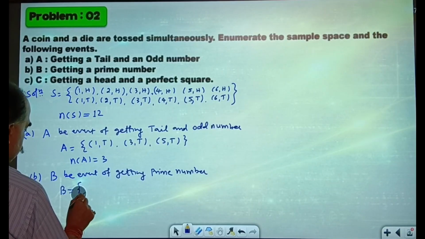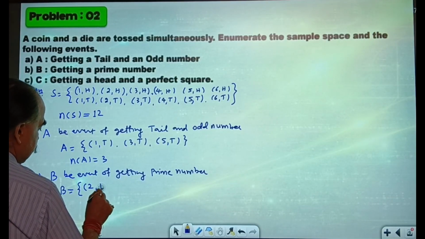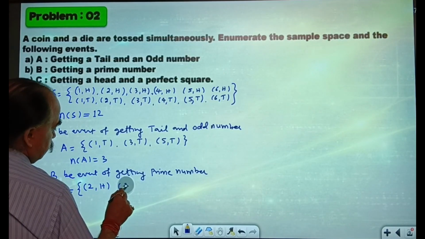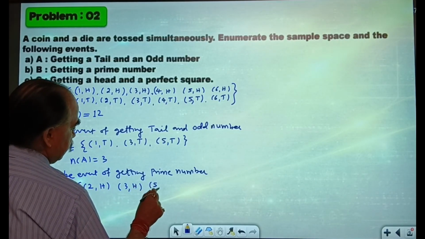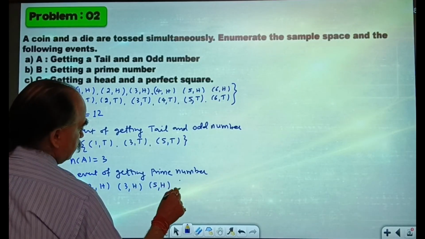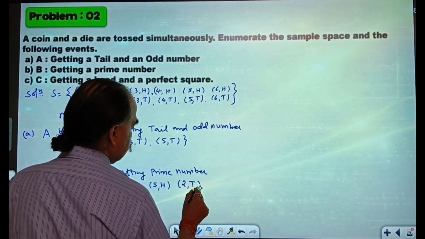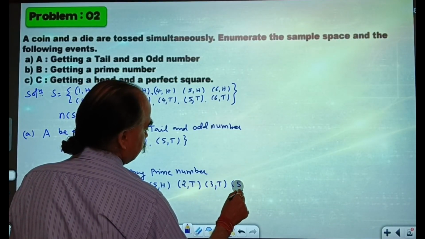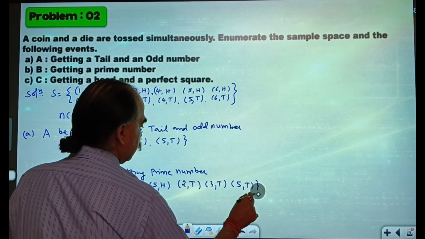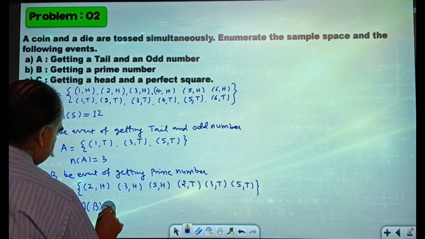So B is what? 2H, 3H, 5H, 2T, 3T, 5T. n(B) is what? 6.